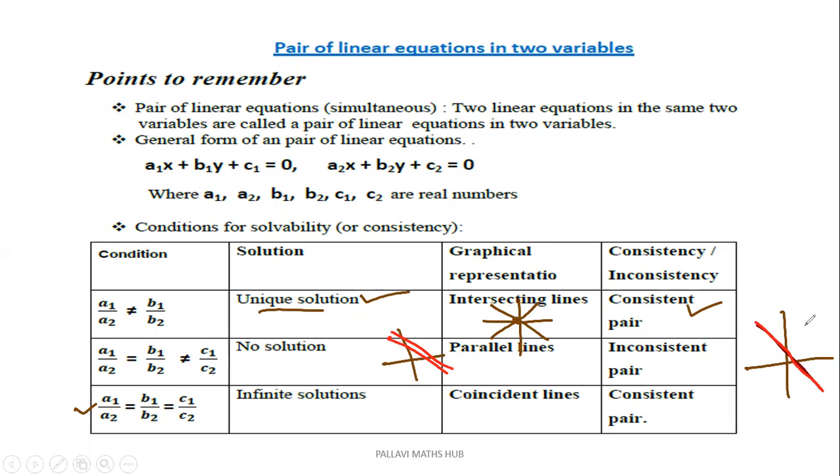So how many solutions? Infinite number of solutions. Your point touches your point, your point, your point. Is it right? So it has an infinite number of solutions. If a solution is present, then it is consistent. Clearly understood? If a solution is present, then it is consistent. If it does not have any solution, then it is inconsistent.